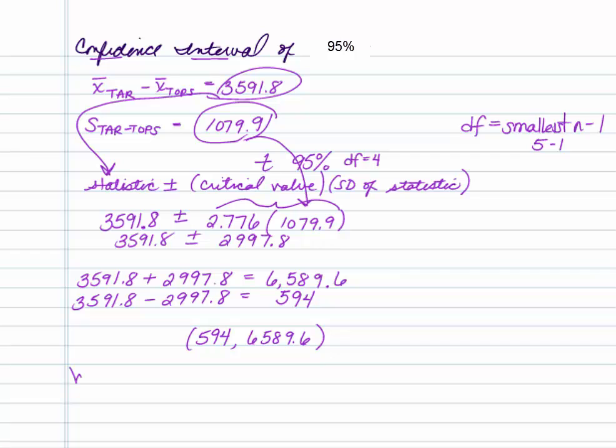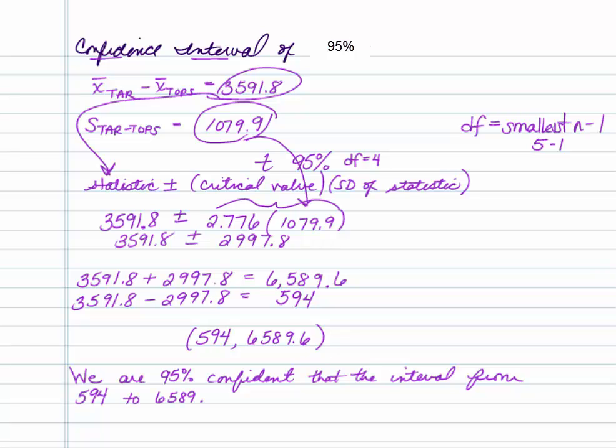And how we word it, the same as what we've been doing for the last 2 chapters. We are 95% confident that the interval from 594 to 6,589.6. And these were measured in grams, so it's best if you put it in grams.